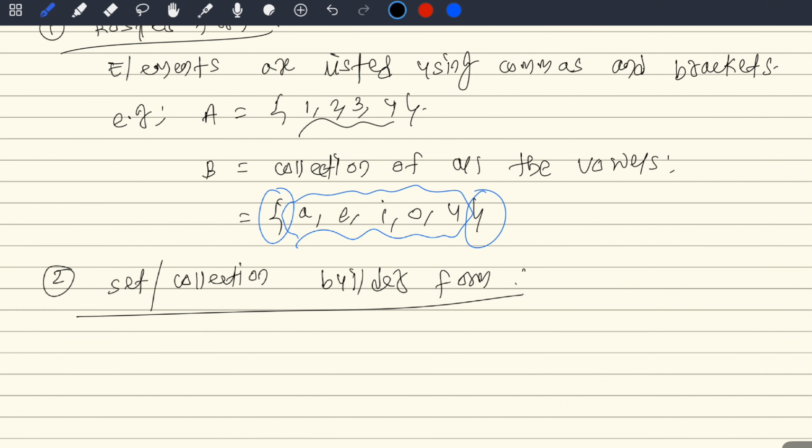So what the rule is, suppose the set I am denoting is capital X. How to represent the elements of the set in this form is: x should be of a type of object and satisfy a rule for the collection.